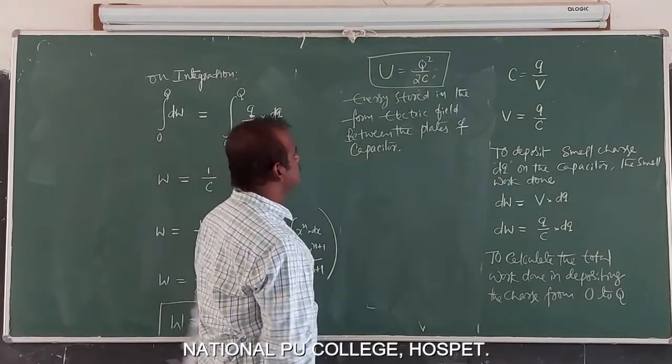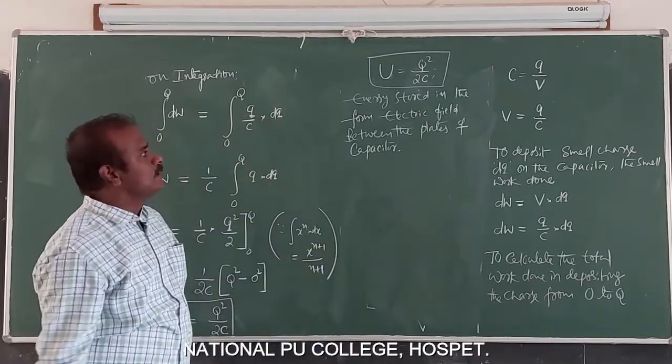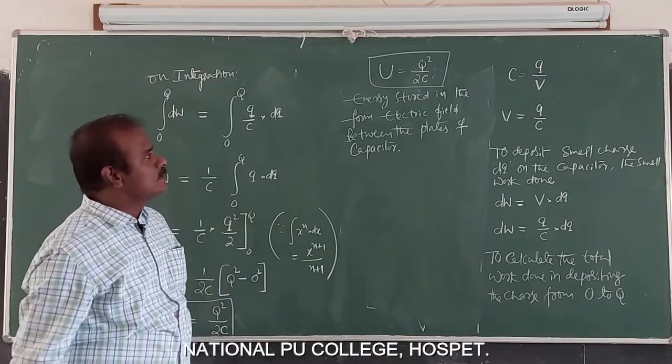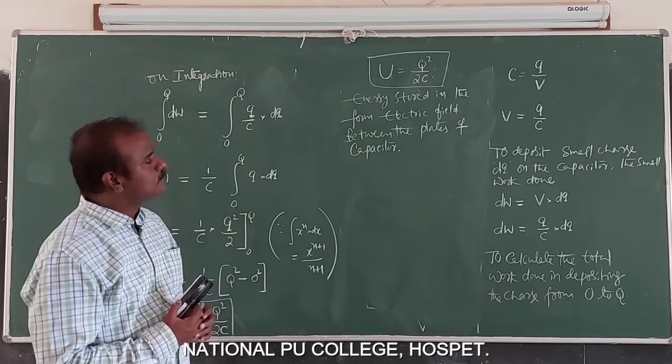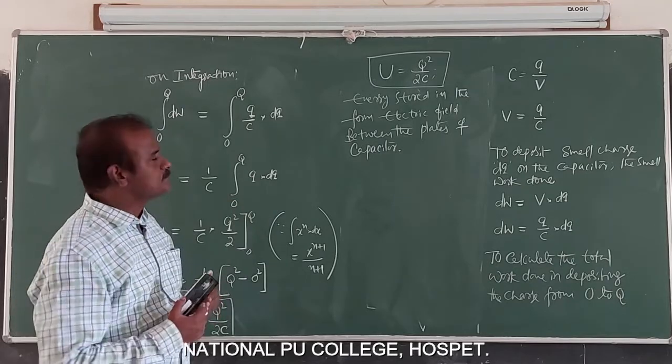Like your formula for C is equal to Q by V. So in total there are three terms with which capacitance, charge and potential are related. In this formula, Q and C are present.